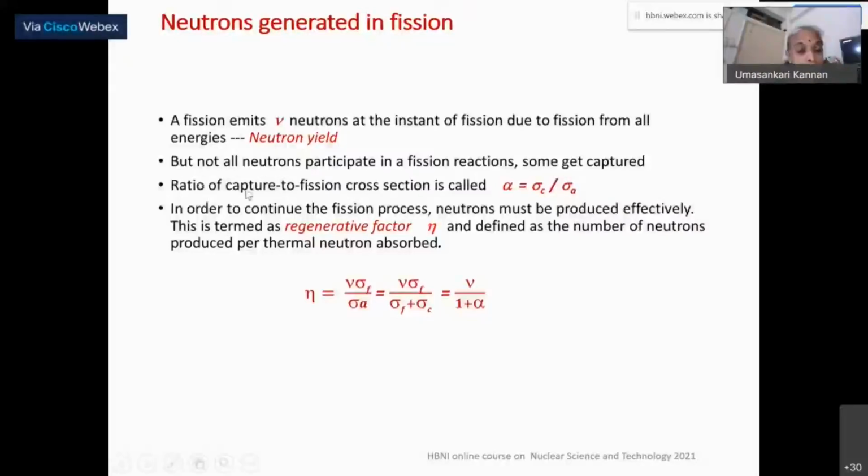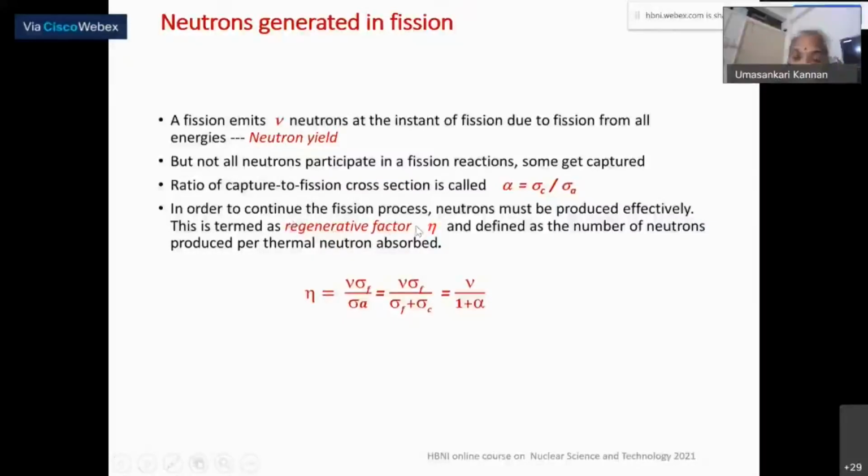So there is something called the capture to fission ratio, defined by a quantity called alpha, and that alpha is given by sigma C by sigma F. In uranium-235, it will be 100 by 580, in simple terms, for one particular neutron energy.